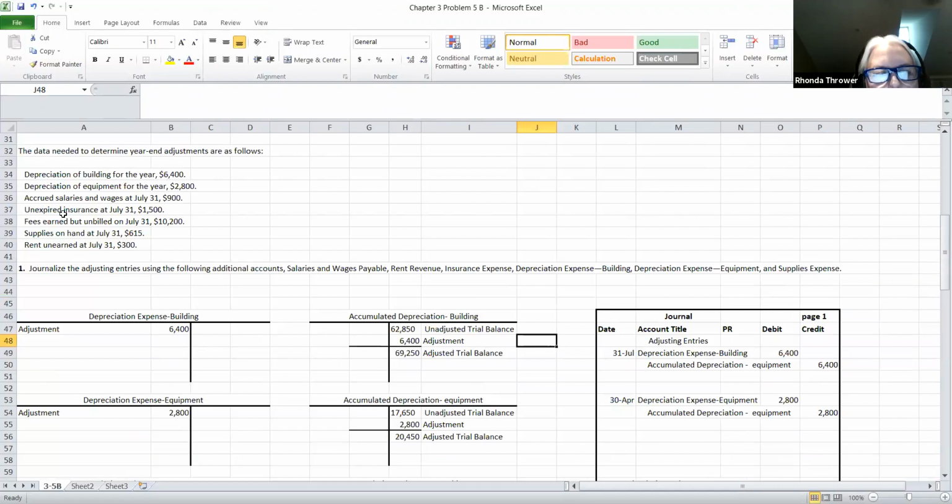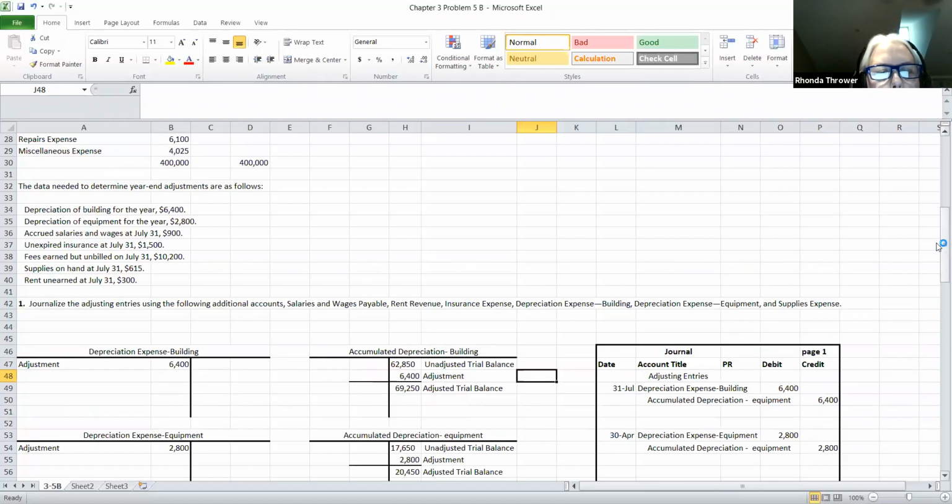For the next transaction, we had some unexpired insurance that was available to us for $1,500. And so what that means to us is that we've got some insurance that's left over. We need to know what we bought that insurance for.